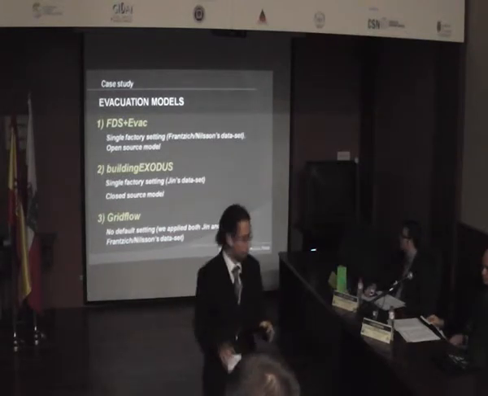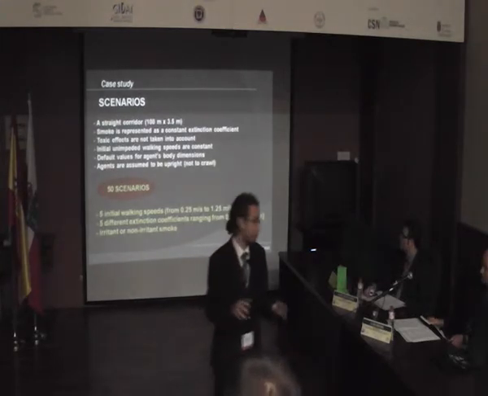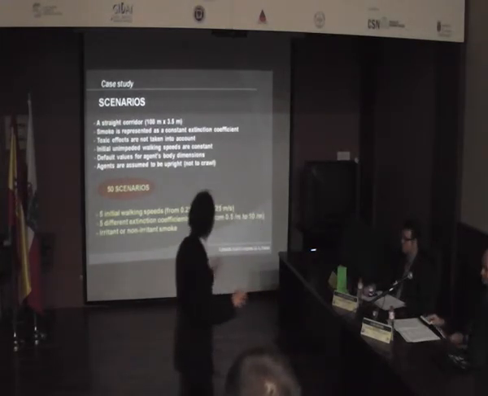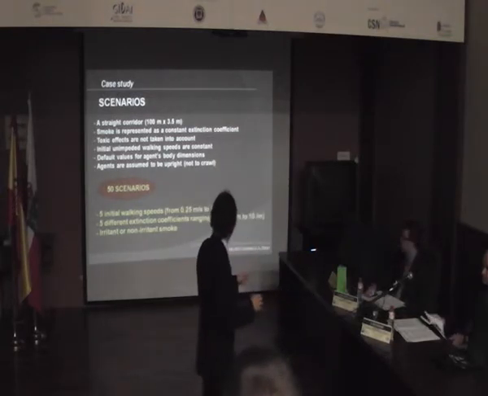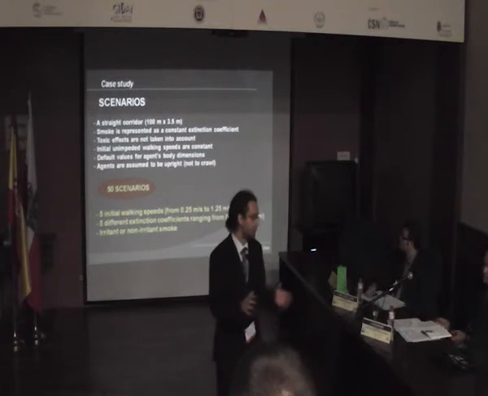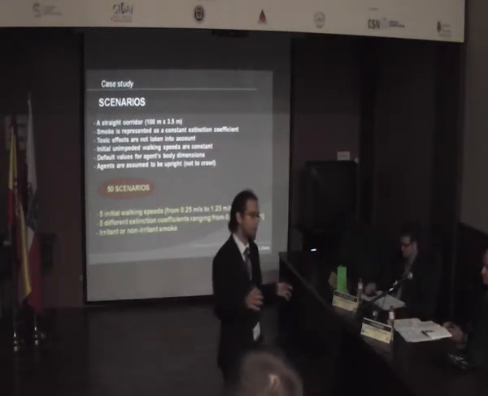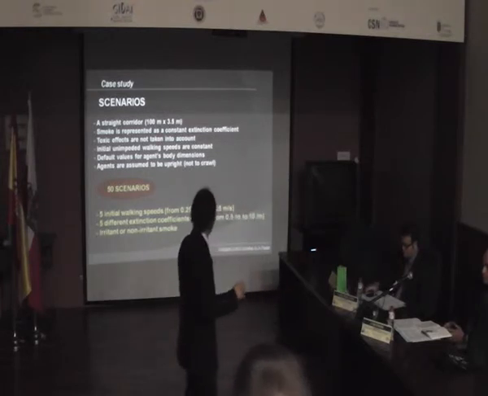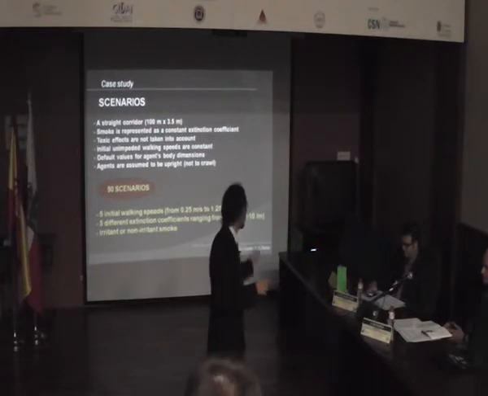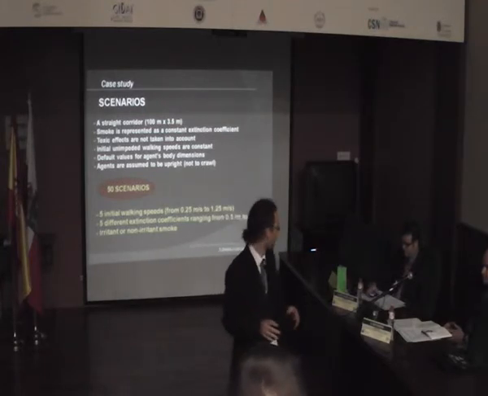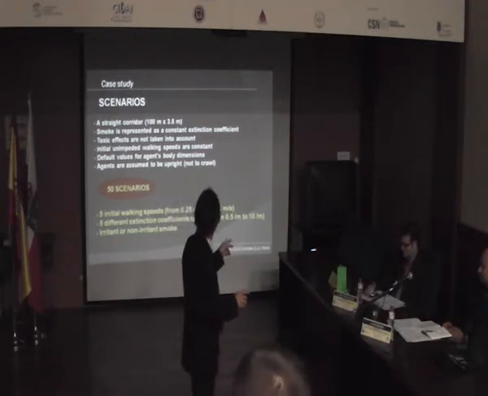So after describing how the three models tackle this problem, we selected a number of scenarios, 50 scenarios, in which we were trying to cover a good range of possible initial walking speeds and different extinction coefficients, ranging for walking speed from 0.25 to 1.25 meters per second, and for extinction coefficients from 0.5 to 10.